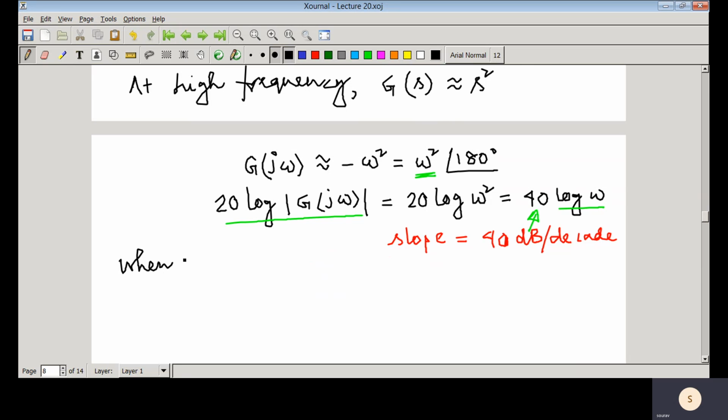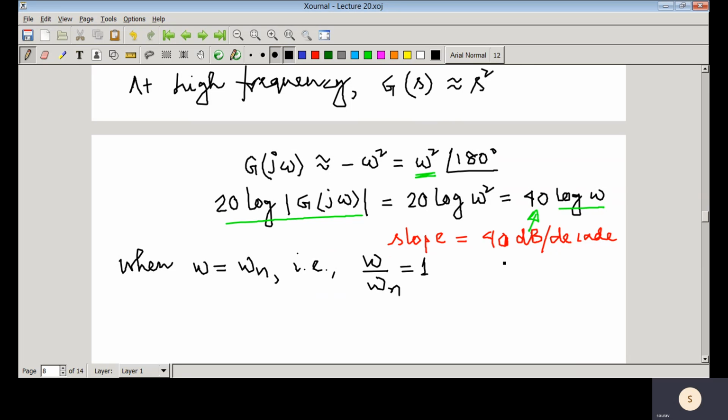When omega equal to omega n, so that is omega by omega n equal to 1.